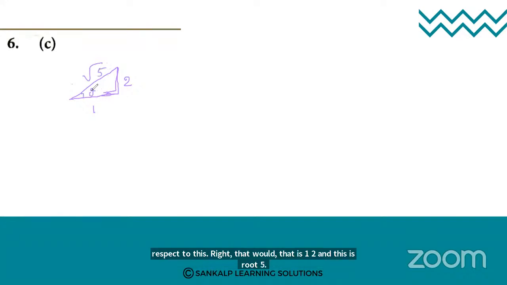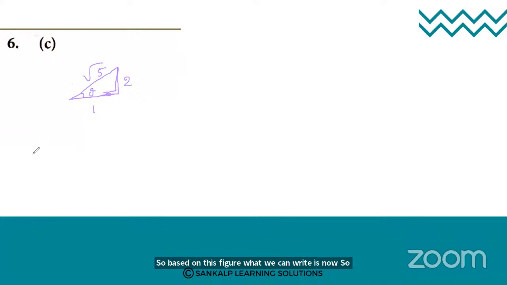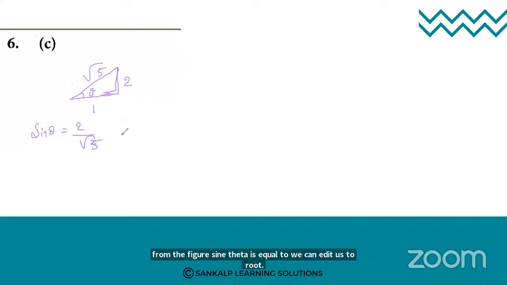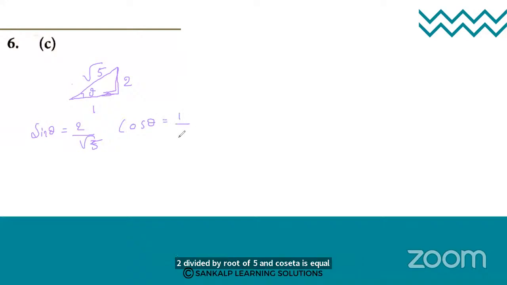So based on this figure, what can we write? From the figure, sin theta is equal to 2 divided by root of 5, and cos theta is equal to 1 divided by root of 5.